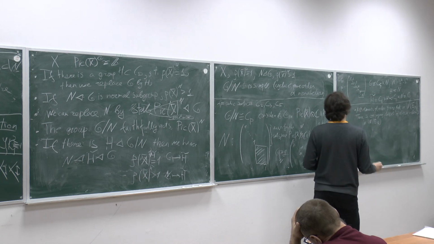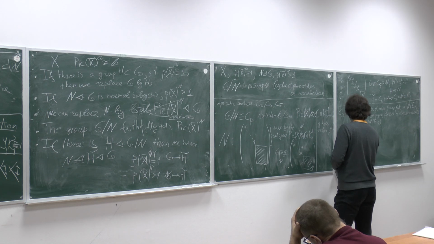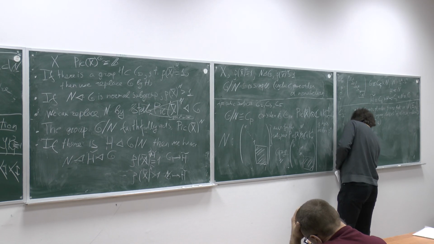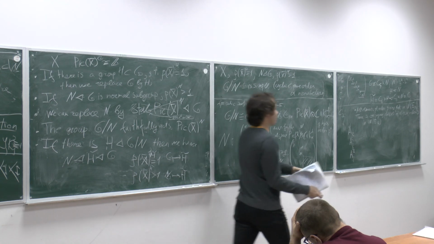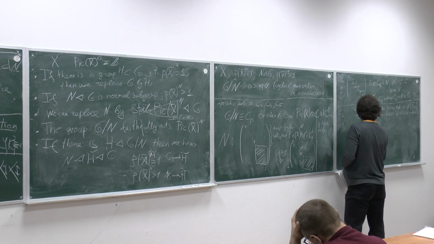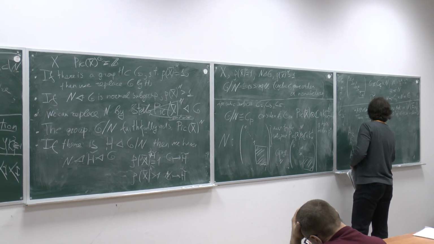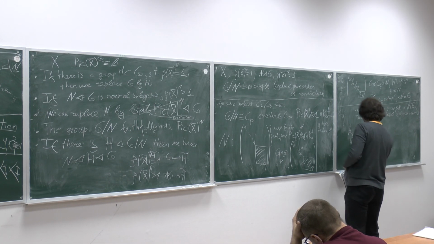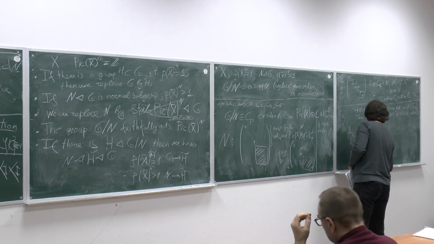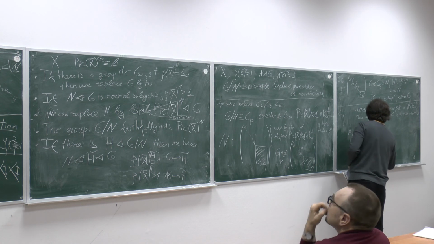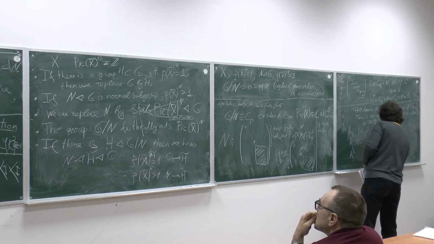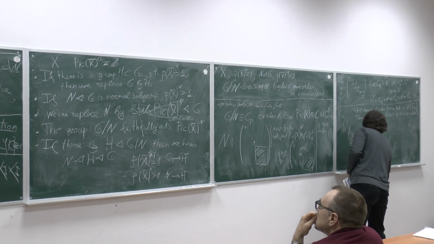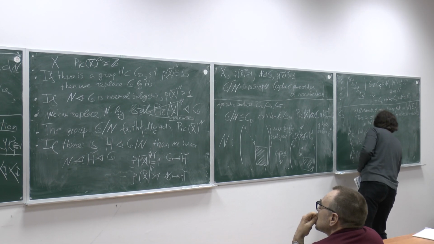They are denoted by their Carter graph, and it's A2, A2 squared, and A2 cubed. So what's the difference? If we consider eigenvalues of the action of this element on this space, then here we have one pair of conjugate eigenvalues, and on the other ones, here we have 2 pairs of conjugate eigenvalues. Yes, omega is the third root of unity. And here we have 3 pairs of conjugates.